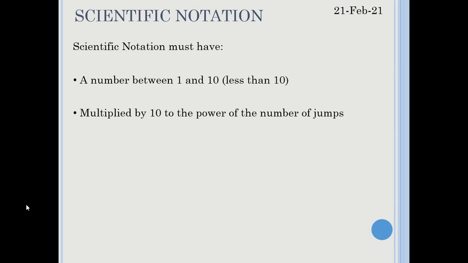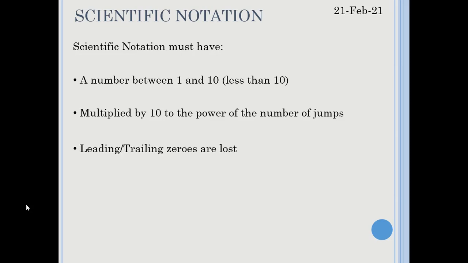The next thing is that it is multiplied by 10 to the power of the number of jumps. We're going to come back to that point. That's a very important point, and for doing scientific notation, you've got to be confident with this part. So keep that in mind: multiply by 10 to the power of the number of jumps.